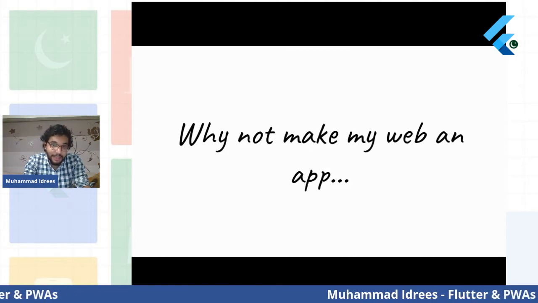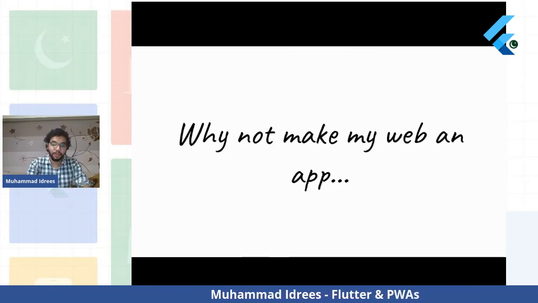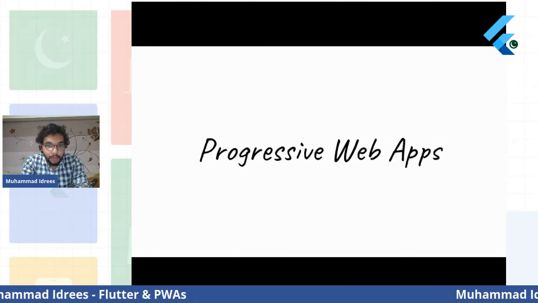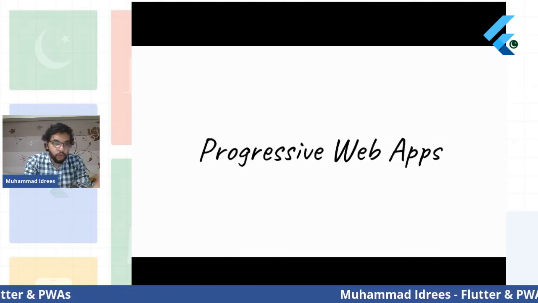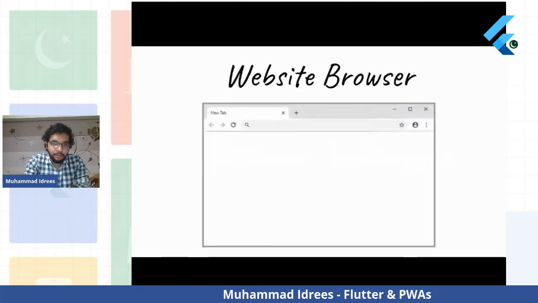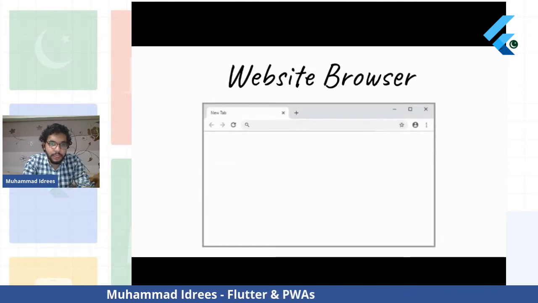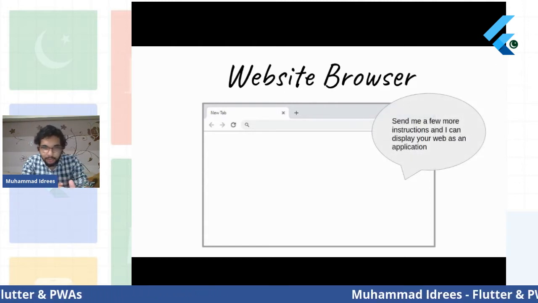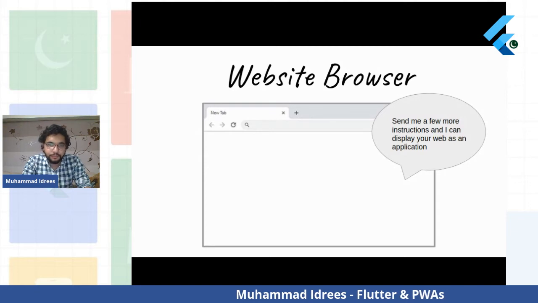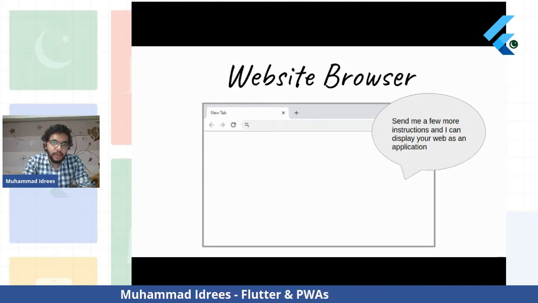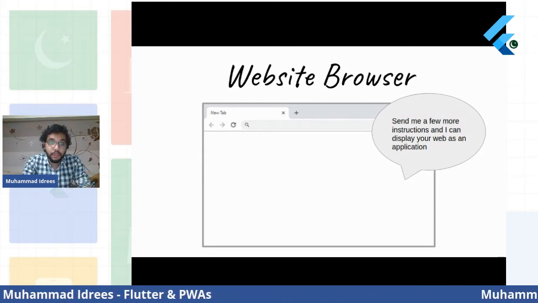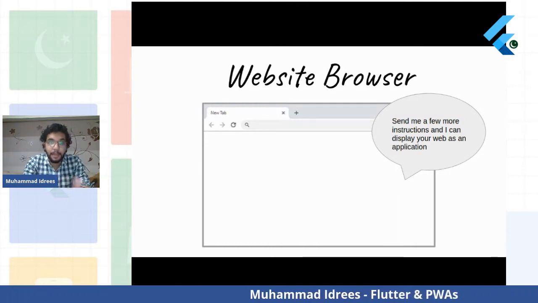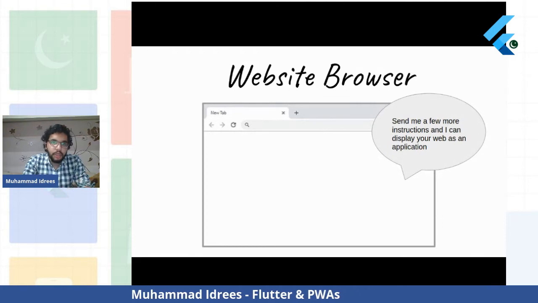Simple and clever as that. And this is where the PWA comes in, progressive web apps. So what some clever people did was make the browser say, hey, just send me a little more information and structures, information and instructions, so I can display your website as an application to the user.